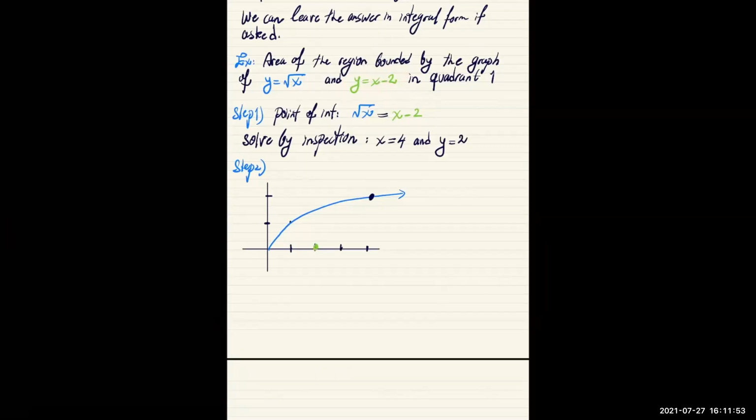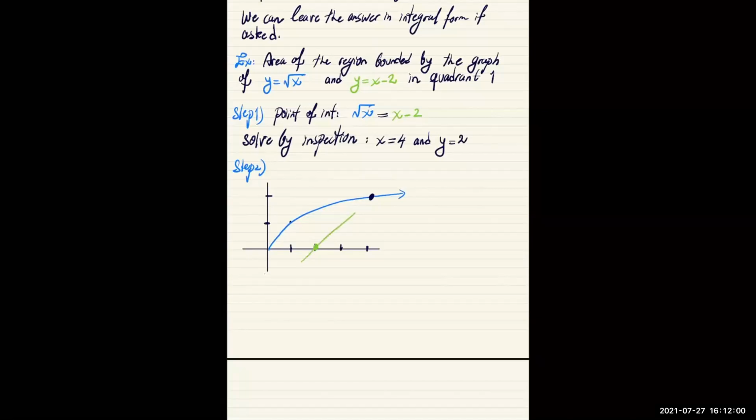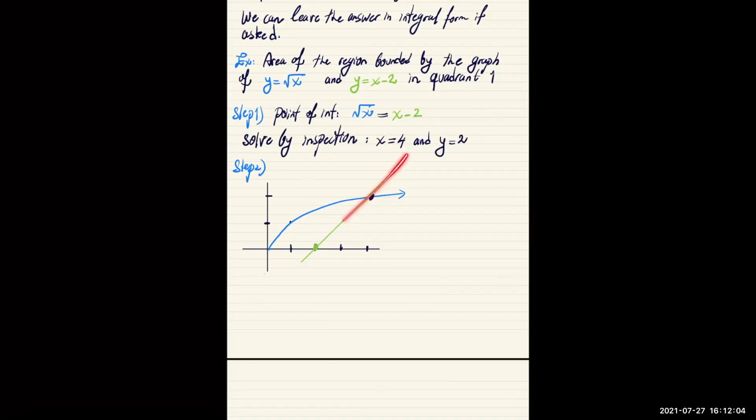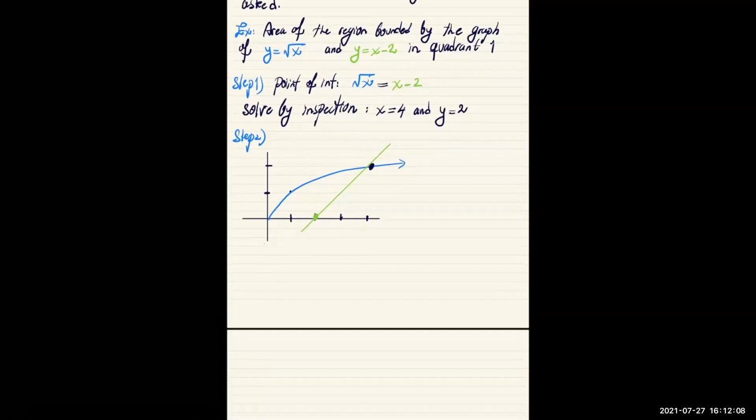So right there, this point is on the graph. The graph of the line is that. And again, I don't care about the whole thing. I don't care about this part because the region is supposed to be in quadrant 1. So this is the region.